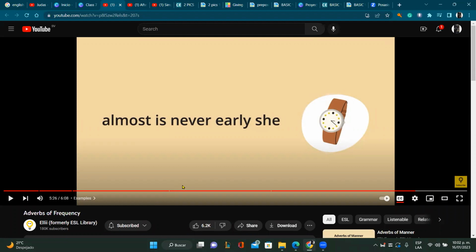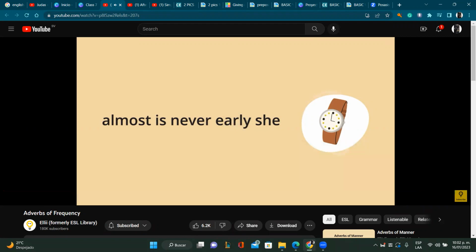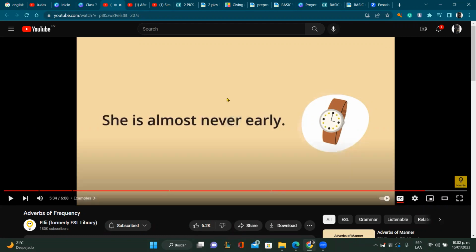She is. Never. Almost early. Cámbiale la posición de almost y never. She is almost never early. Perfect. Guys, this is very important. Don't forget this rule. This one, don't forget it.